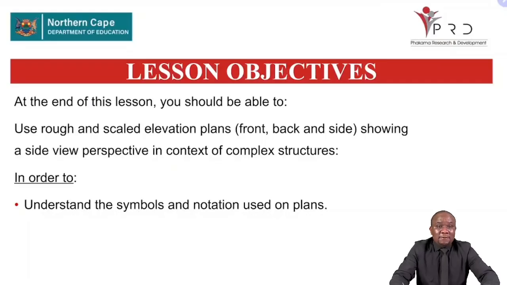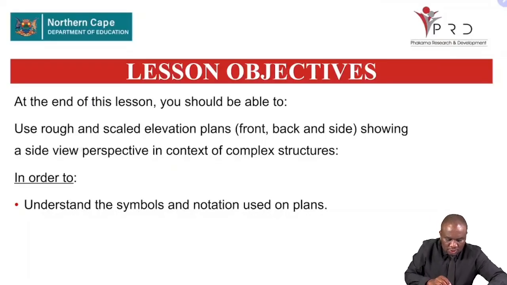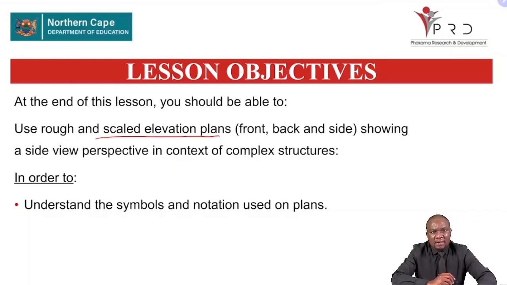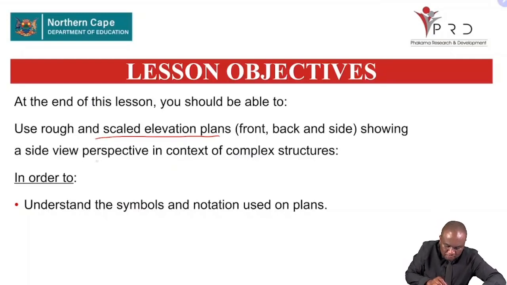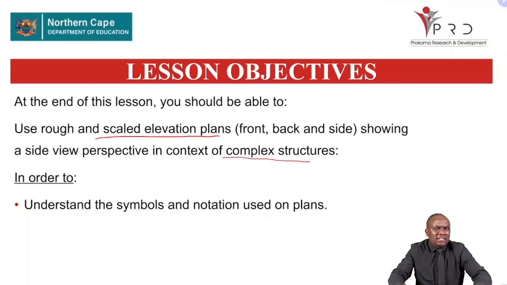At the end of this lesson, grade 12, we're going to use rough and scaled elevation plans. That is the front, back, and side, showing a side view perspective in context of complex structures like houses, RTP houses, and all those things.